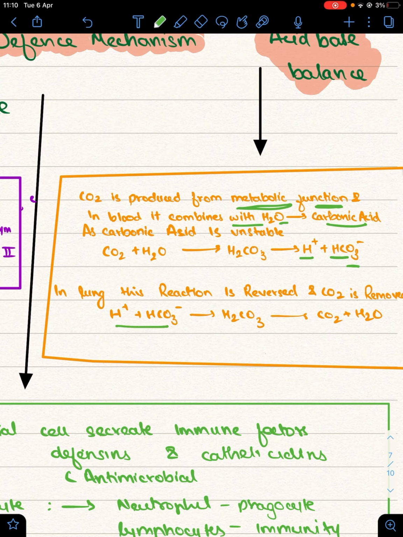So HCO3 minus and H plus combine to form carbonic acid, which is broken down into CO2 and H2O, and CO2 is expired along with H2O. Because of that, there is moist air. As we all know, the air we breathe out is moist because of the presence of H2O.